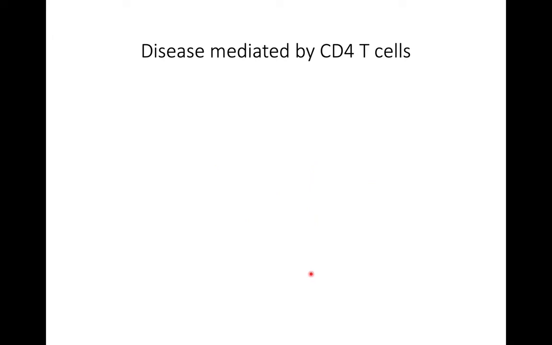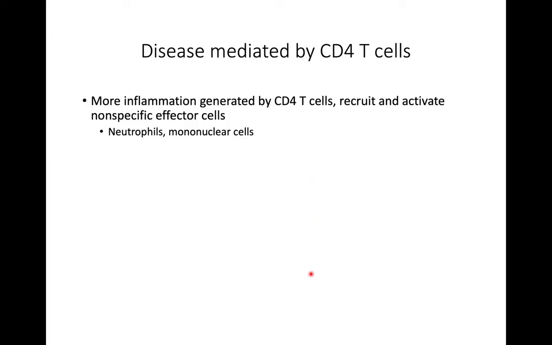With our CD4 T cells, we can see in general with those, right, they don't directly mediate cell killing, but they do increase inflammation. So our CD4 T cell mediated diseases are going to be associated with higher inflammation. And this inflammation is going to recruit and activate non-specific effector cells.